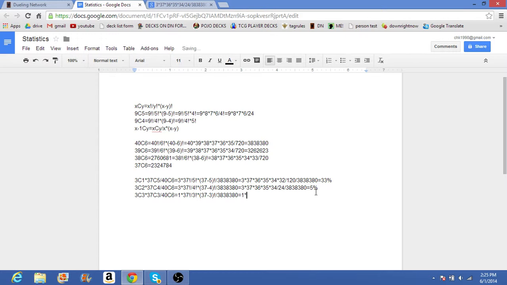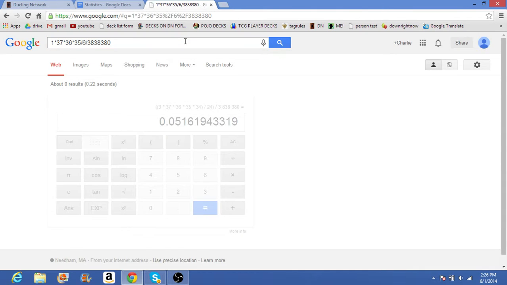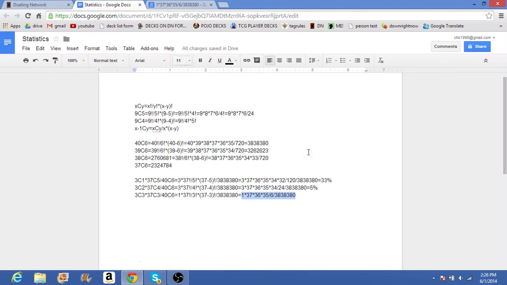This is going to equal 1 times 37 times 36 times 35 divided by 6 divided by 3838380. So as you can imagine, this is going to come out to a much smaller number than the others have been. 0.002%. So roughly it's going to be 0.002, which is less than 1%.